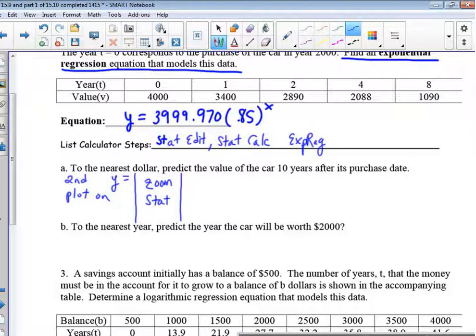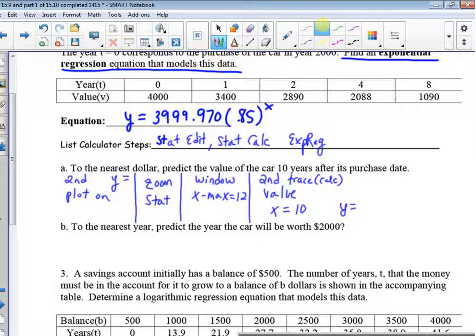And then we went to the window, and we changed the x max to 12. And then we did second trace or calc value. And when it came up with x equals, we put 10 in, and we got y is equal to 787.52, and we want that to be to the nearest dollar, so 788.